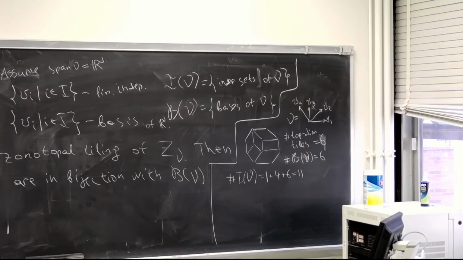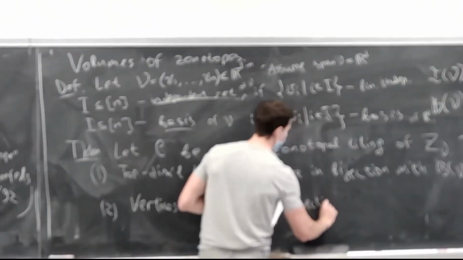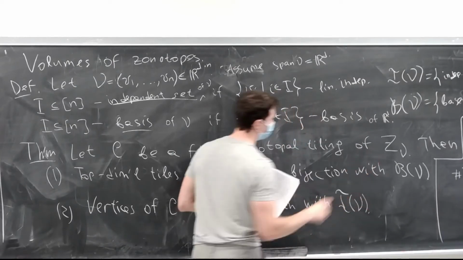Basis under parallel translation. That's actually okay. You're rephrasing the notion of an independent set. Let me tell you: the number of vertices. The vertices of C are in bijection with the independent sets of V.